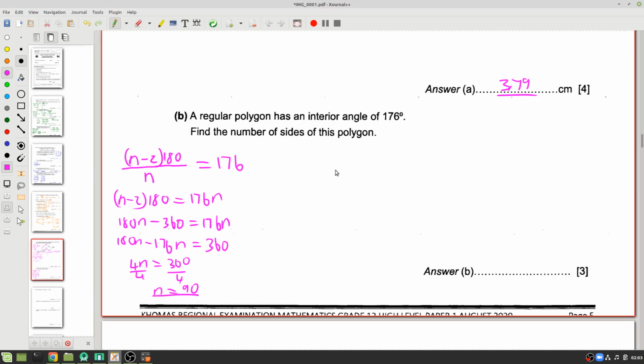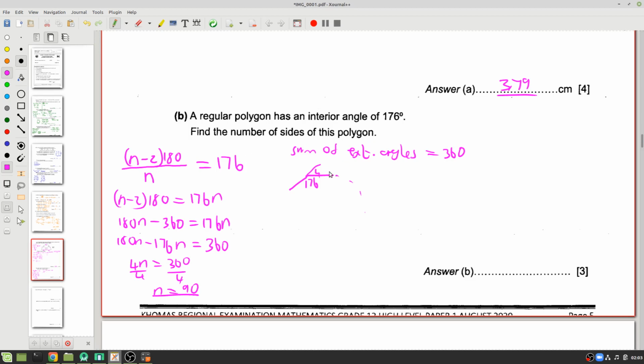But we could also use the exterior angle version. We know the sum of the exterior angles is equal to 360 always. So we can use that idea. What will the exterior angle be in a polygon if the interior angle is 176? Well, if this interior angle is 176, then the exterior angle will be 4.